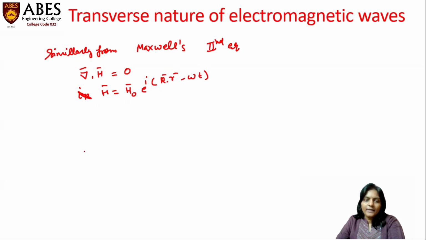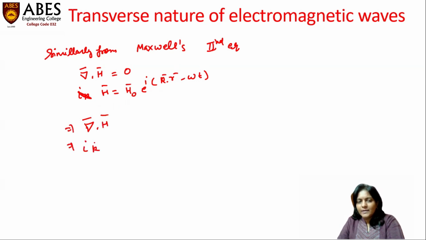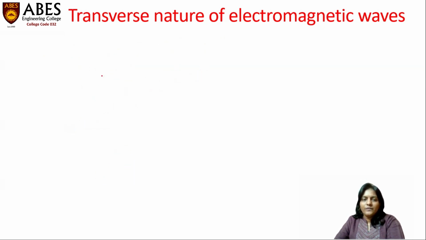And by a similar method, we will get that del dot H is equal to i k dot H. And if del dot H is 0, it means i k dot H is 0, which shows that the k vector is perpendicular to the H vector.